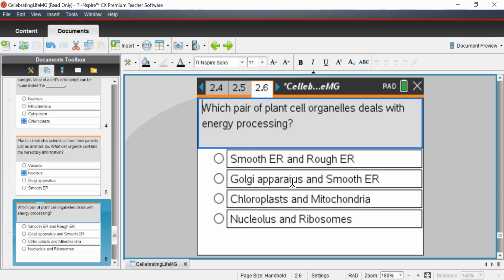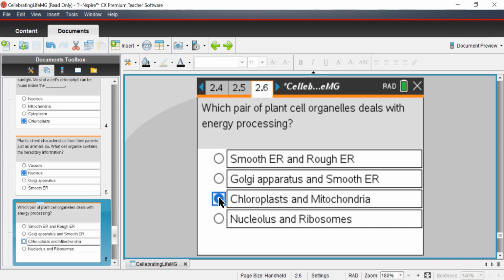The Golgi apparatus was sort of your Amazon packaging line. It's where everything gets packed up before it's sent out of the cell. Chloroplast and mitochondria. Chloroplast is where photosynthesis happens. Photosynthesis is making energy from light, making energy from sunlight. So that one's definitely involved with energy processing. And the mitochondria, the nickname for it was powerhouse of the cell because it is involved with processing energy. Okay, so this is definitely the answer.